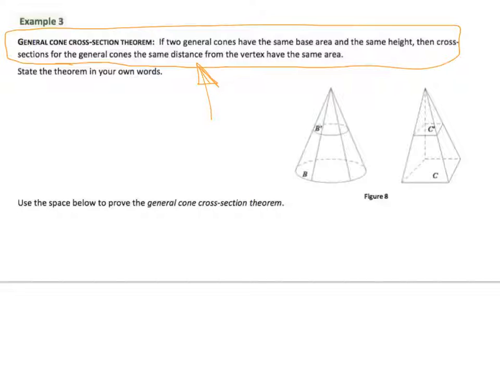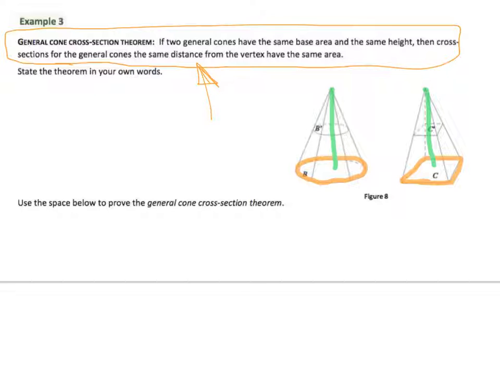What it's saying is if these have the same area, the same value, the same number, and the distance to the vertex is the same, then I need another color.